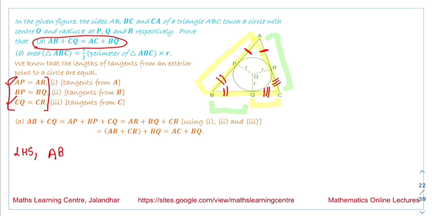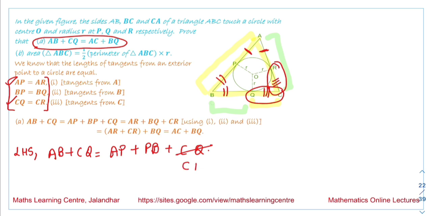LHS is AB plus CQ. This AB we can write as AP plus PB plus CQ. Now CQ is equal to CR, so in place of CQ we can write CR.